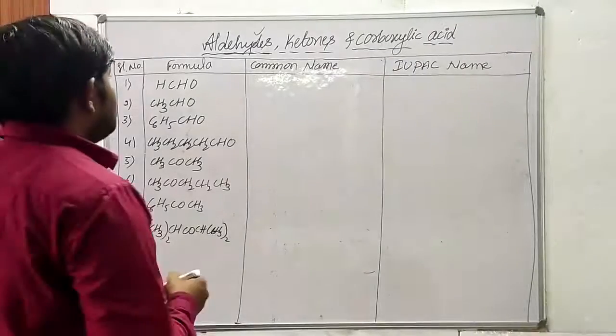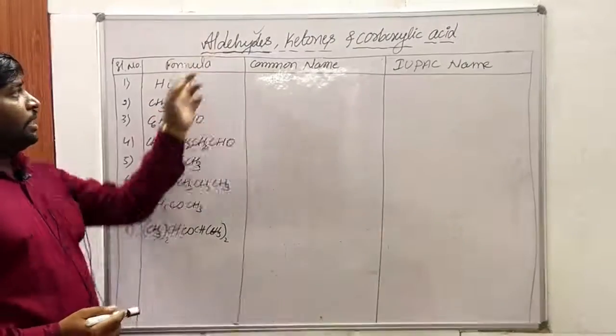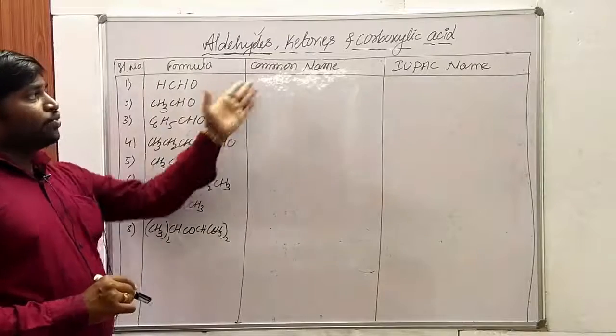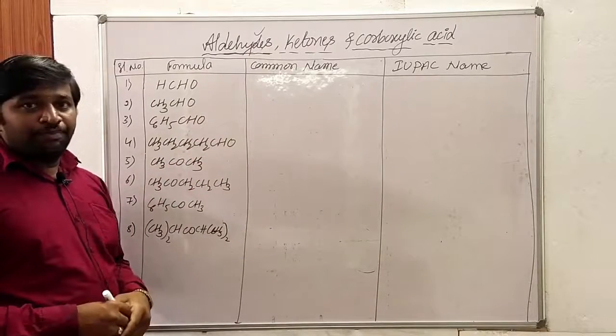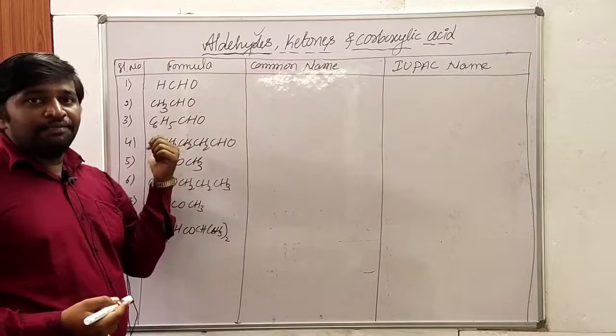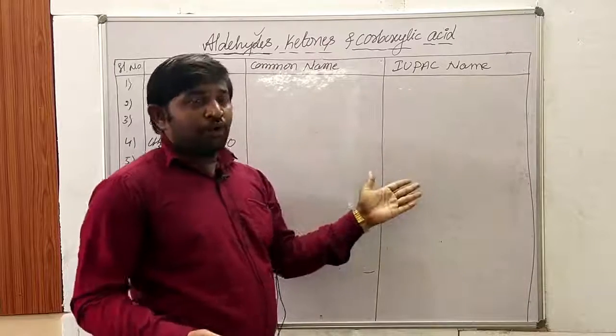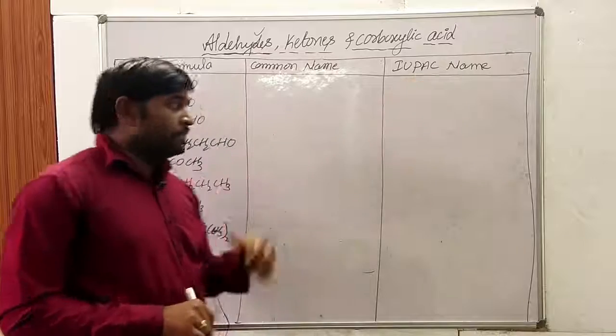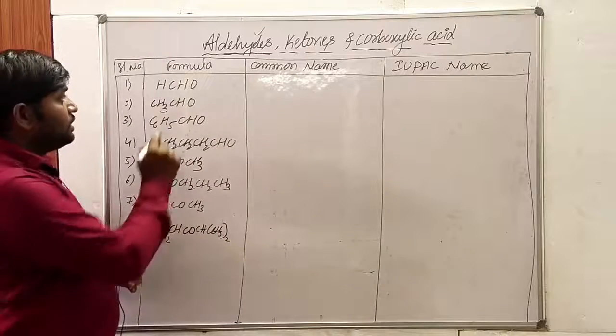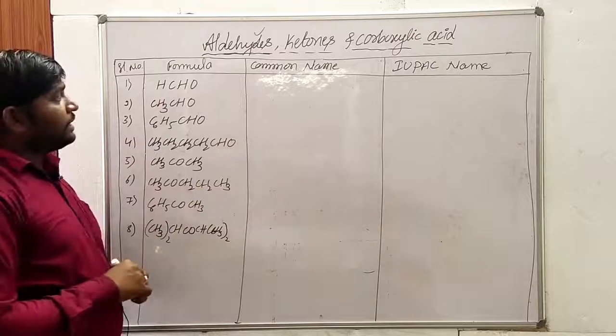Let us consider some important formulas of aldehydes and ketones and write their common names and IUPAC names. Now let us consider the first compound, HCHO.